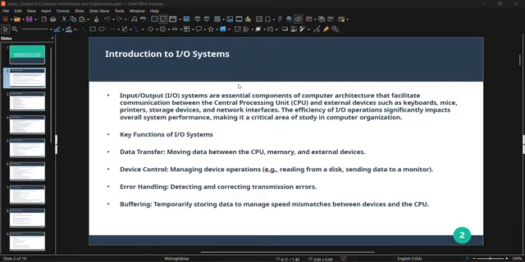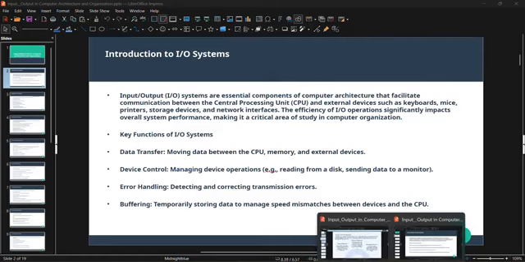Also, we have error handling. Error handling refers to the detecting and correcting of transmission errors. And buffering simply means temporarily storing data to manage speed mismatch between the device and the CPU.